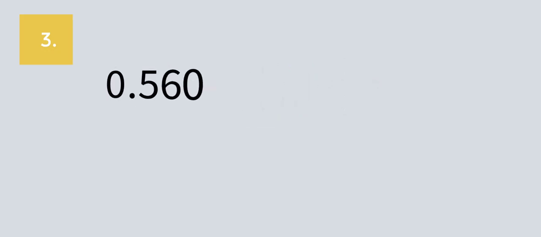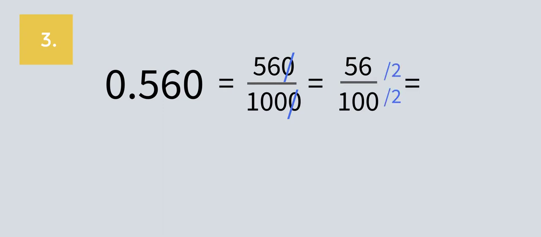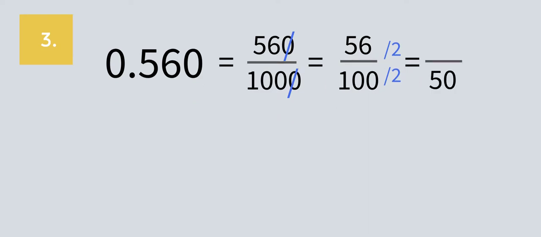With 0.560, we have 3 decimal places. But we should also recognize that when we have that third decimal place, that's just going to cancel anyways. So that's the same thing as 56/100. Now we're looking at what both are divisible by. We recognize right off the bat that 56 is divisible by 2 and 100 is divisible by 2. So let's go ahead and do that. 100 divided by 2 is 50. And 56 divided by 2 is 28.